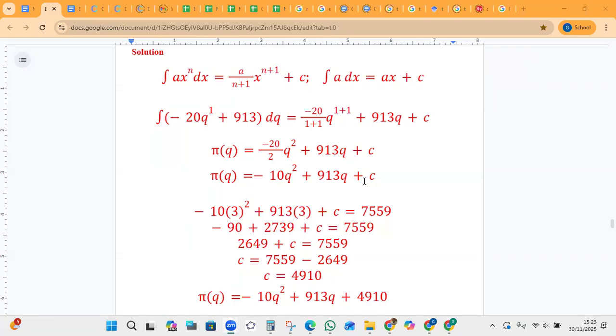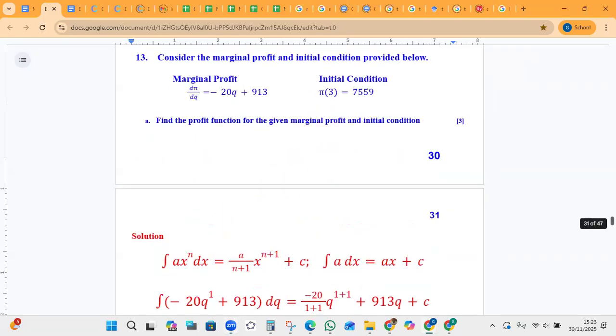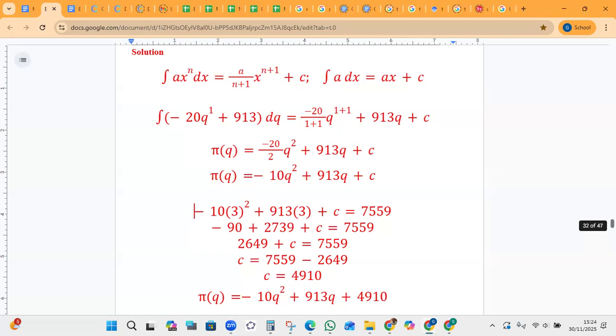That is where the initial conditions come into play. Remember, the initial condition says that when q is 3, pi of 3 is 7,559. So we solve for c by putting 3 in the place of q and 7,559 in the place of profit.